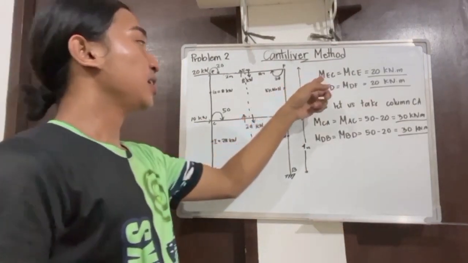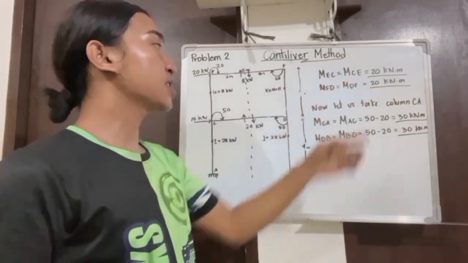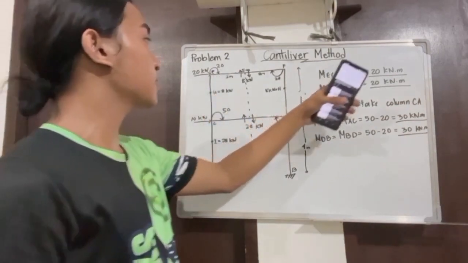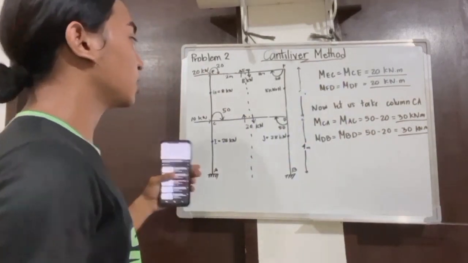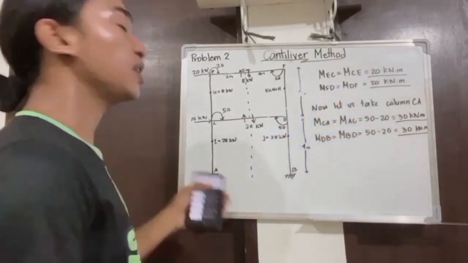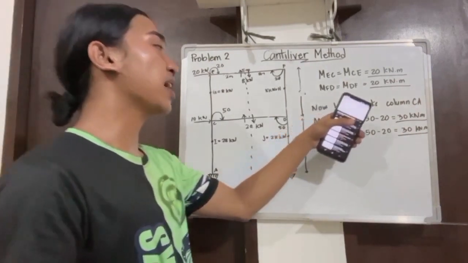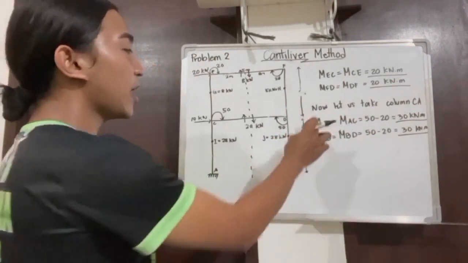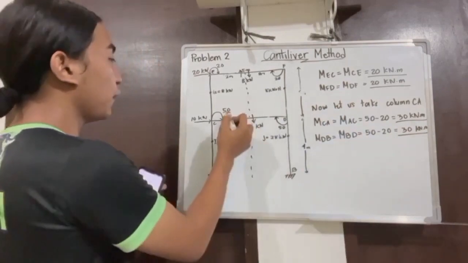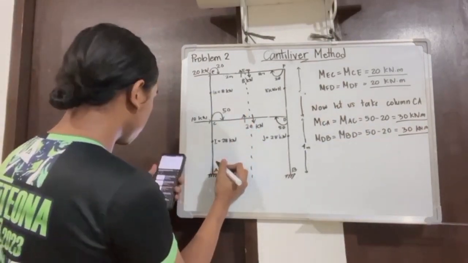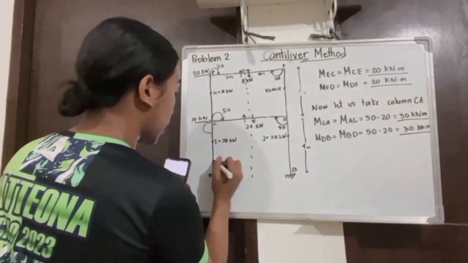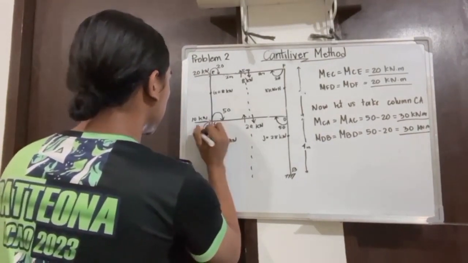Now, for moment EC is equal to MC, they are the same, since your moment there is 20. So the moment at CE is also 20, and at FD or DF it is also 20. And now, let us take the column CA. The MCE is equal to MEC is 50 minus 20, so we got MEC is 30.